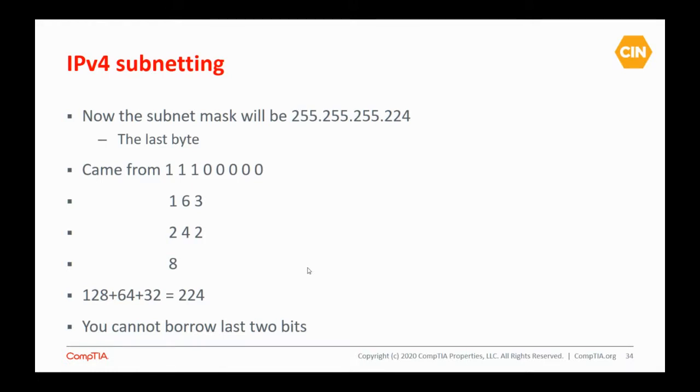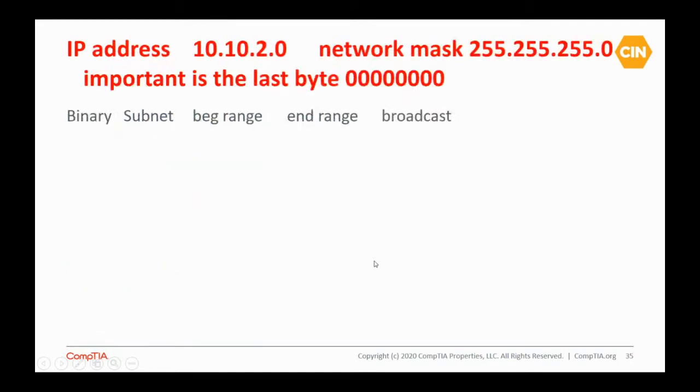And then that adds up to 224. And just as a little reminder down there, again, you can't borrow the last 2 bits, although you're really not going to have that issue when you're going from the network side, because you'll leave at least some bits there for the host as you start counting up.